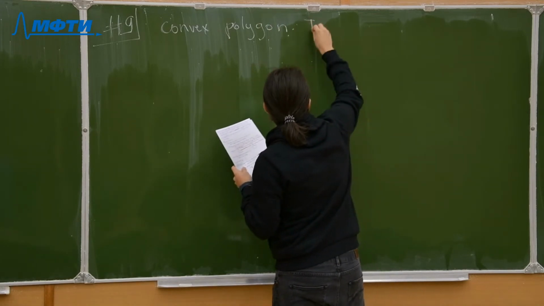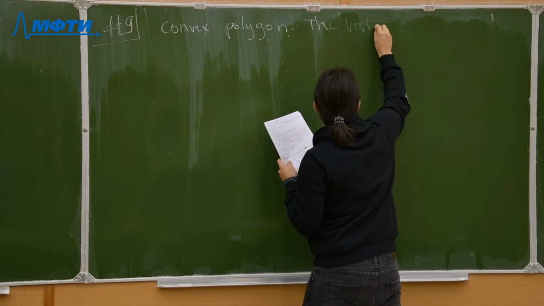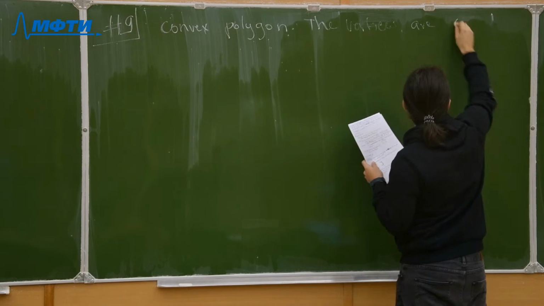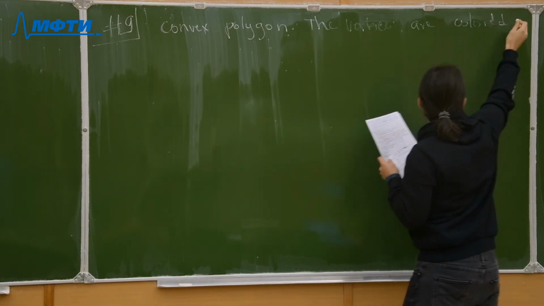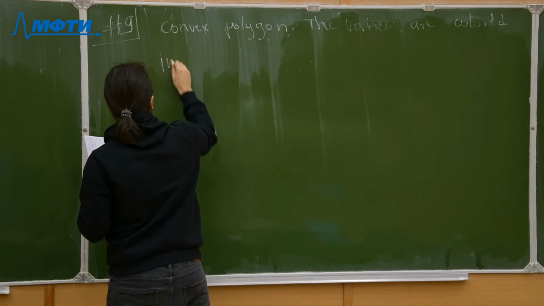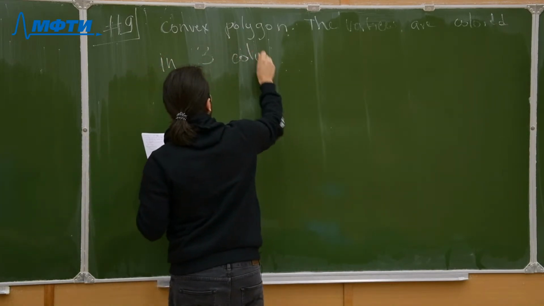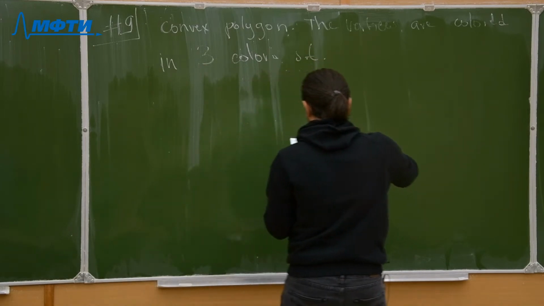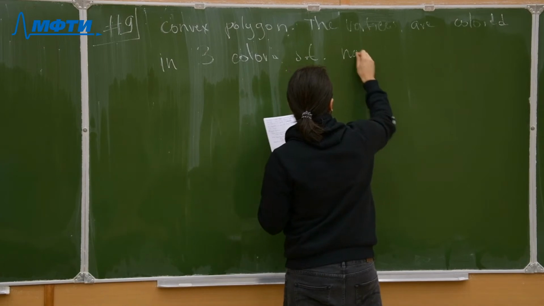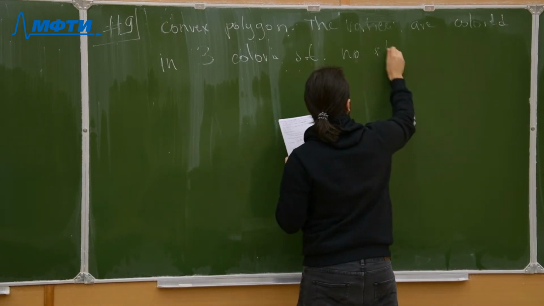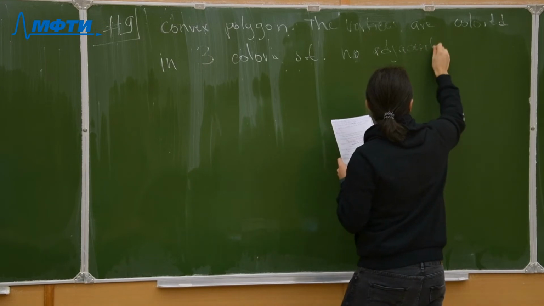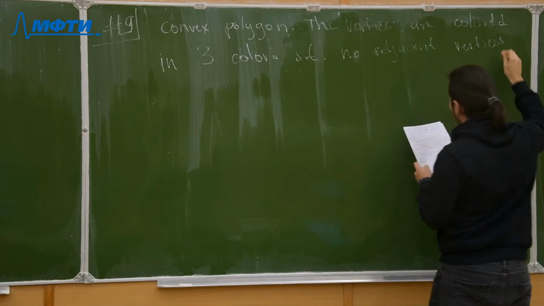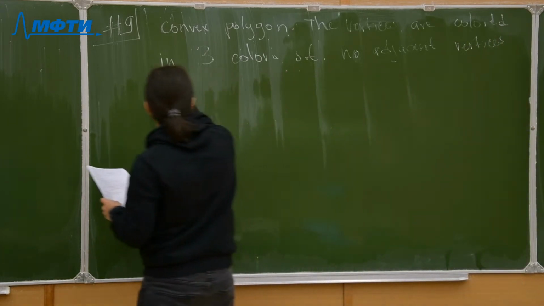The vertices are colored in 3 colors such that no adjacent vertices are of the same color.